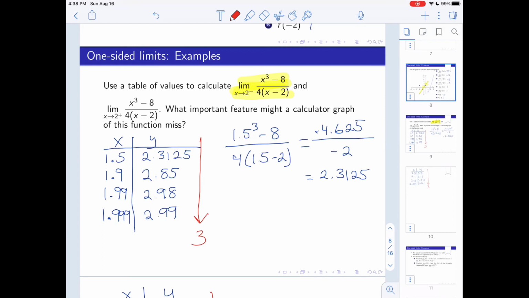But if I graph this function, I'm not expecting there to be a point at 2 because that would give me a 0 in the denominator. So if something gives me a 0 in a denominator, that means that I should either have an asymptote or a hole.